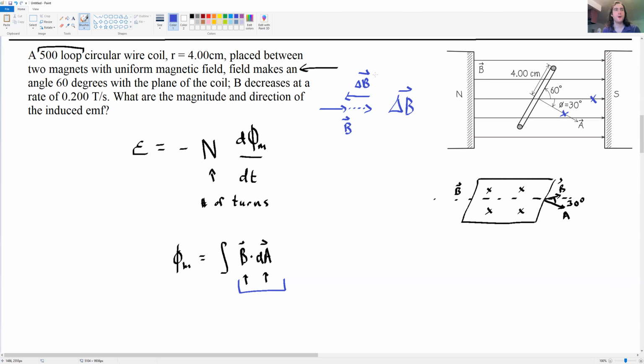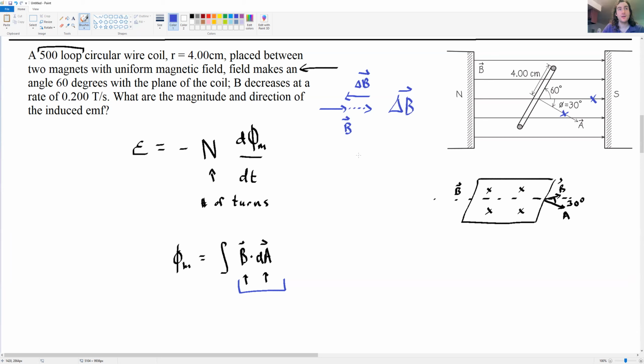In order to oppose that change, I should have an induced current which goes against delta B. Would you use the right-hand method for the delta B vector? No, that's where it gets tricky. You have to use the right-hand rule to oppose delta B, because of the minus sign.